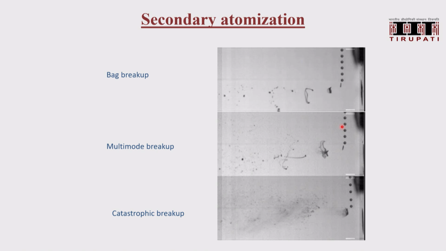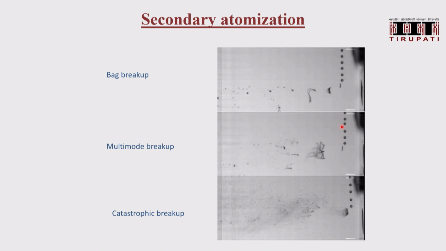Once the drops travel very fast, they can further undergo fragmentation into very small drops, until the aerodynamic forces are no longer sufficient to create any disturbances to break them. So this is the secondary atomization process.